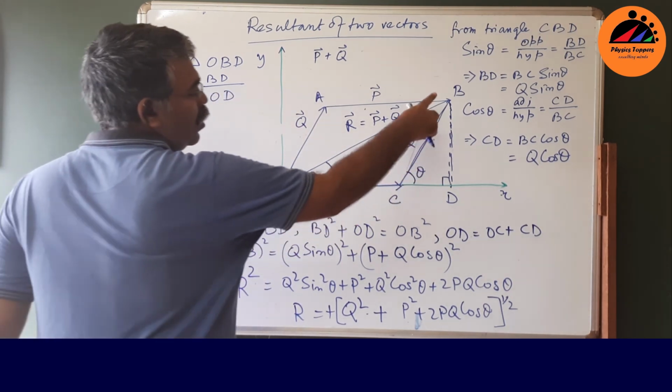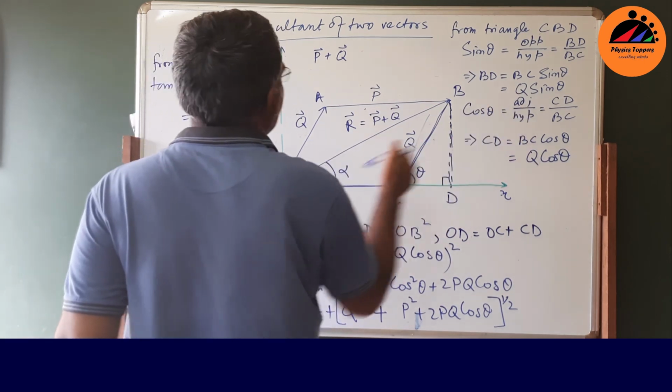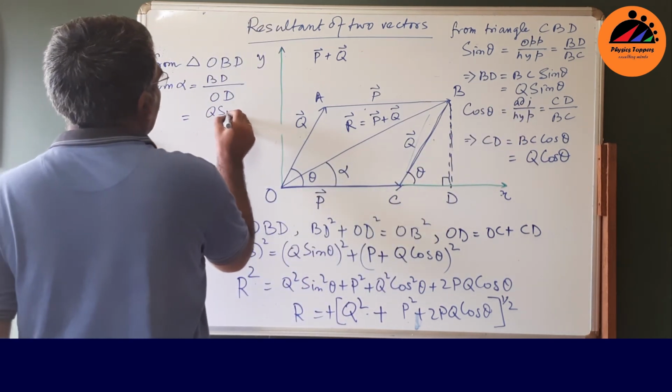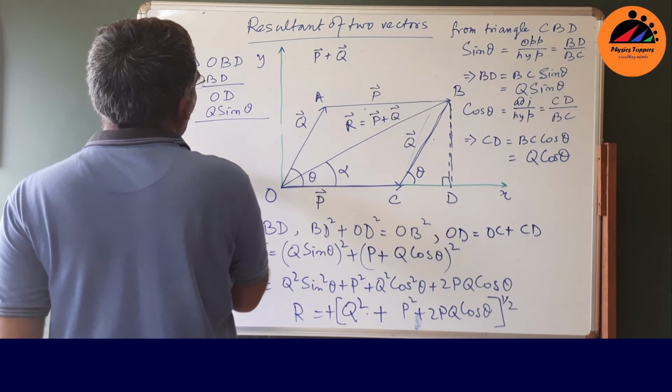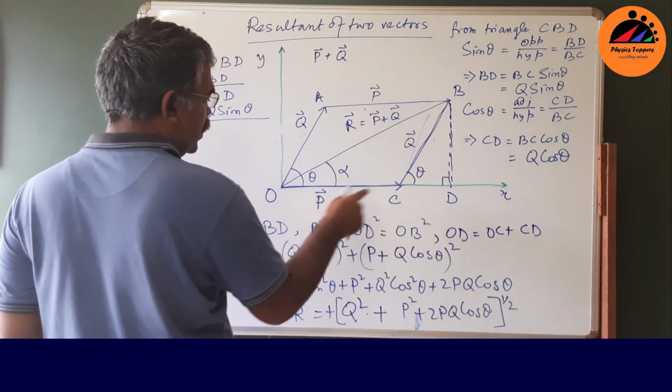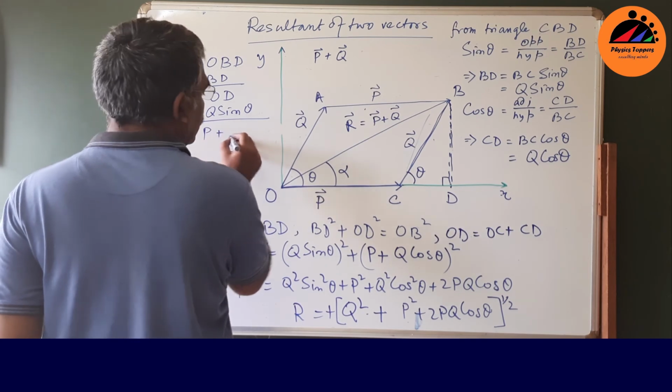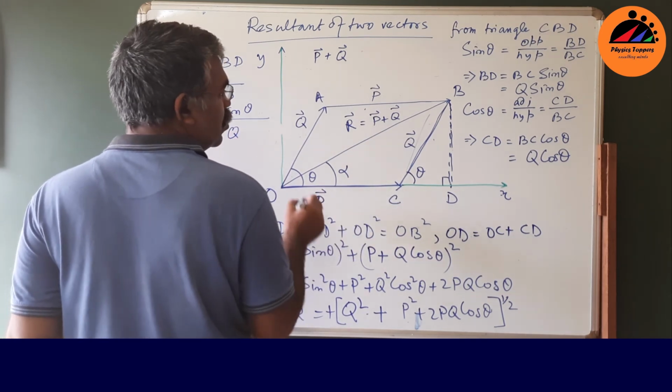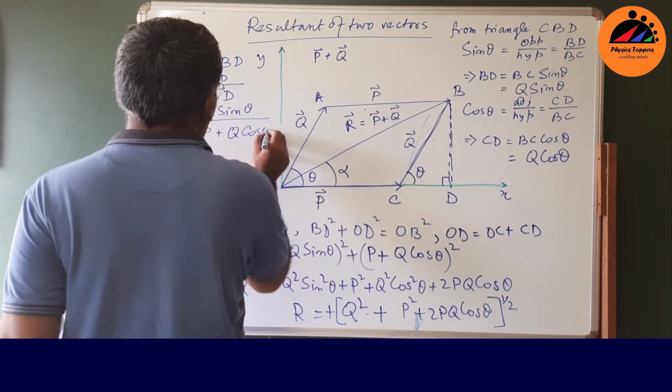So what is BD? Q sine theta. And what is OD? OC plus CD. OC is P, CD is Q cos theta.